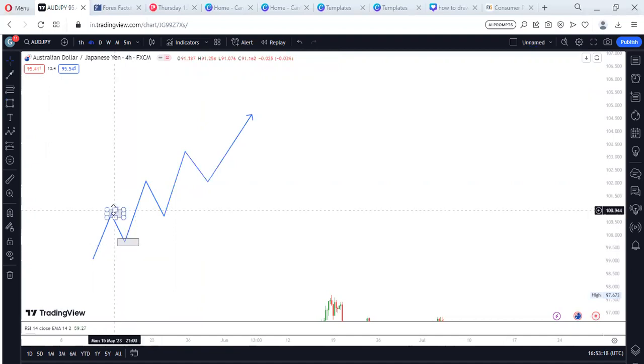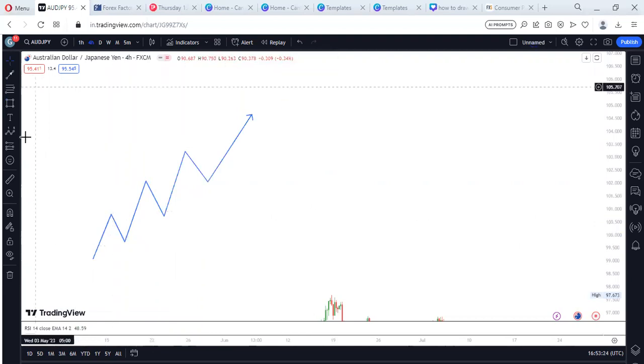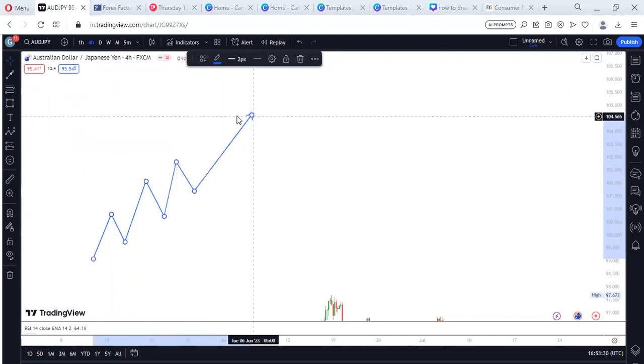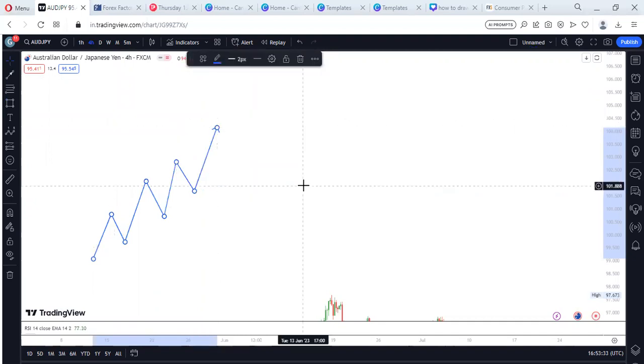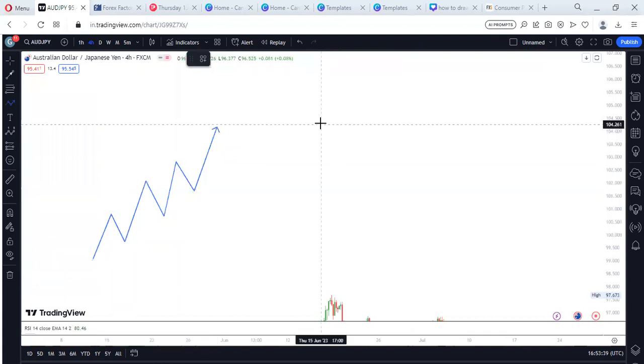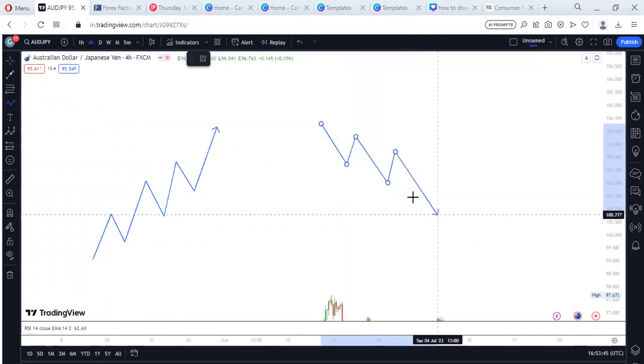So you need a minimum of two troughs to plot a trend line in an uptrend, and a minimum of two peaks for a downtrend. This is a downtrend, so you need a minimum of two peaks. So these are peaks.